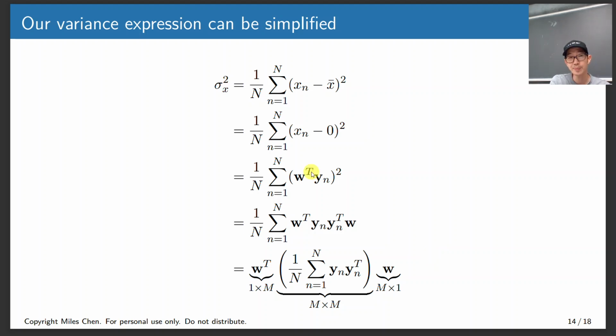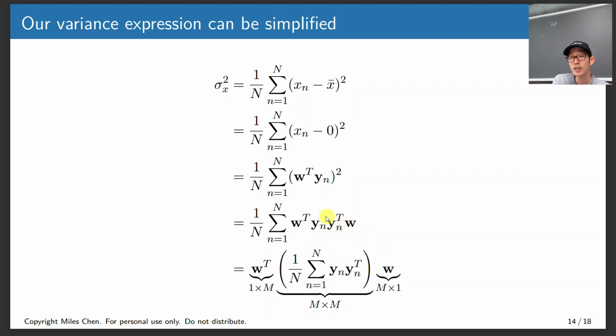Okay, and now our variance, what is the variance of x? Well, we can simplify this. The variance of x is going to be like x transpose x, but here I can subtract off x bar, and we know x bar is 0 for everything. So I have 1 over n, and then the sum of our x's squared. If each x is w transpose y, then that quantity squared can be written as w transpose y, y transpose w.